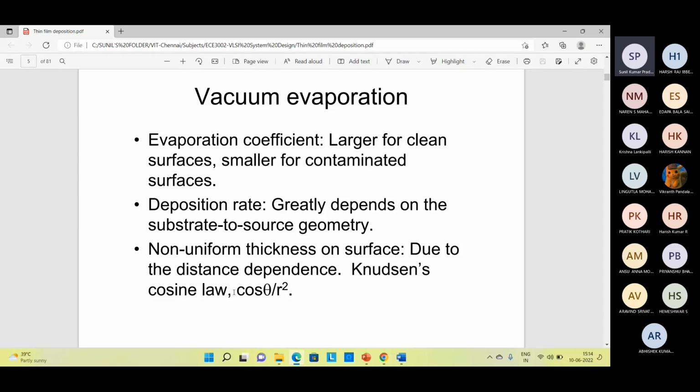Non-uniform thickness on the surface also depends on the vacuum evaporation. Due to distance dependence, the cosine law is cos theta by r square. So the evaporation coefficient, deposition rate, and non-uniform thickness on the surface are very important as far as vacuum evaporation is concerned.